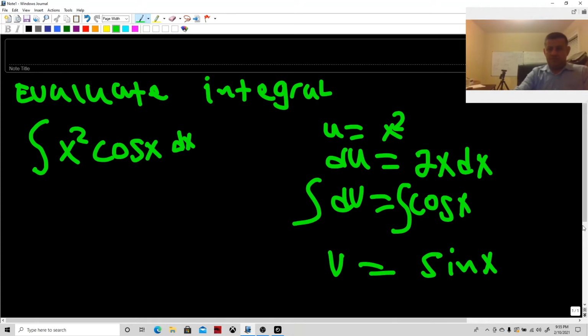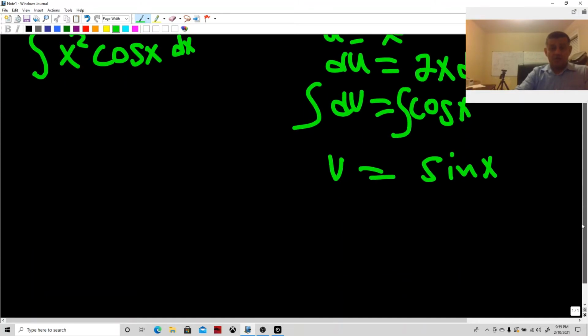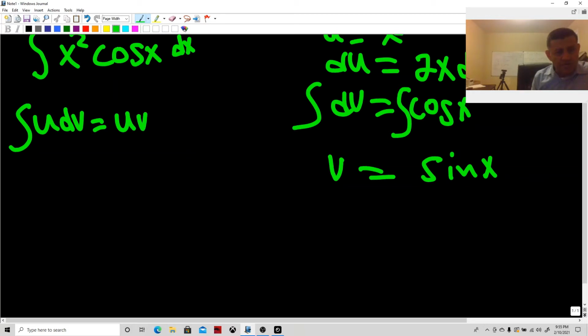Now, with that, we can actually come in here and substitute those values in the formula. The integral of u dv equal to uv minus the integral of v du, right?